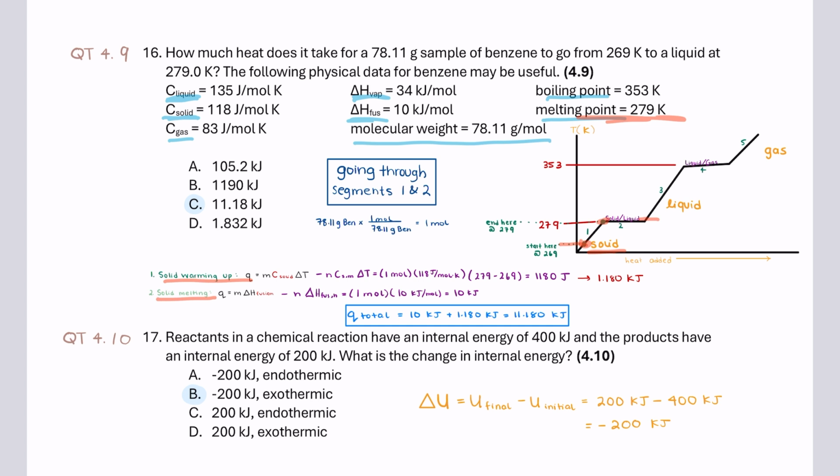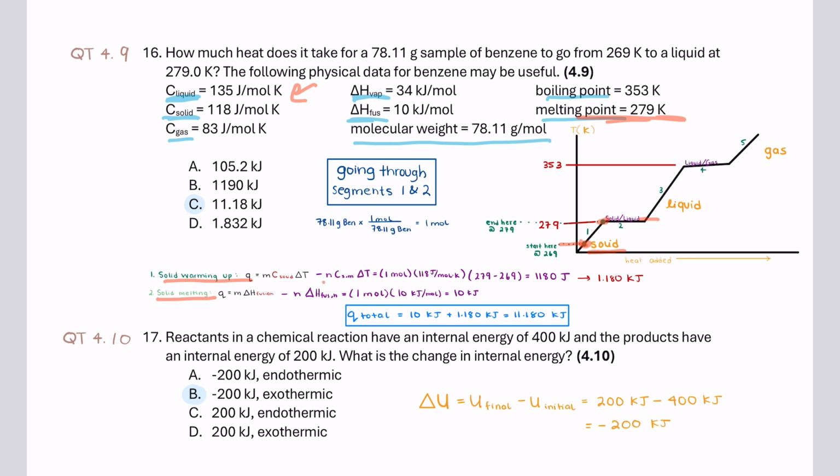Step 1 involves heating the solid benzene. This is a temperature change, so we use the heat equation. Because the heat capacities are given per mole, we are going to take our given mass of benzene and the given molecular weight, and we're going to convert that to moles so we can use the molar form of the equation.